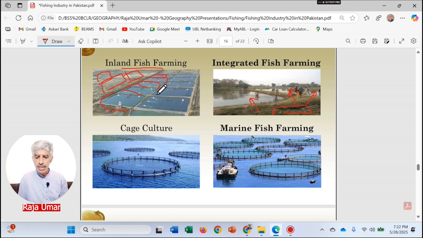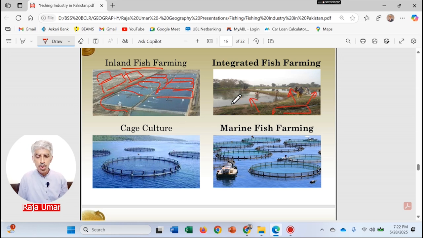So here you can see that quite well-maintained fish farming is being done by making rectangular farms, and they are well managed by looking after, feeding, vaccinating, and bringing the fish up, and when the fish grows, they catch it from those ponds and it is sold in the market.